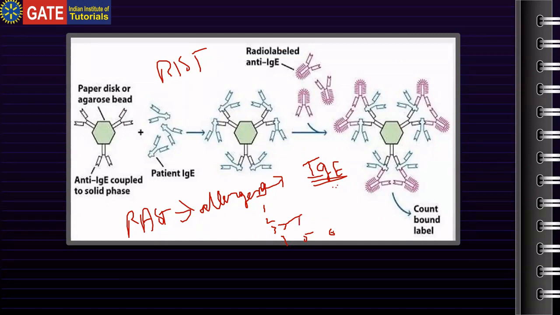Suppose this is dust. Because of this, the IgE level is elevated, which means allergens 1, 2, 4, 5, 6 do not have a direct or indirect role in elevating the IgE. So once we conclude which allergen is increasing the level of IgE, only then can we start the perfect treatment. For that, we will do the RAST. To understand the level of IgE, we will do the RIST.